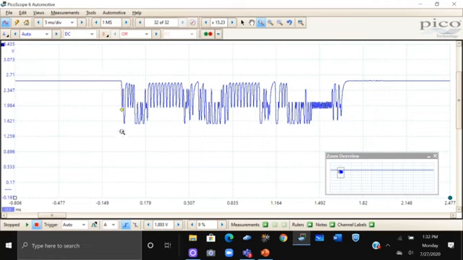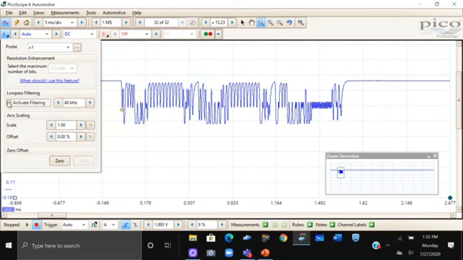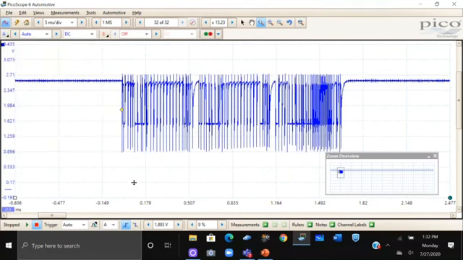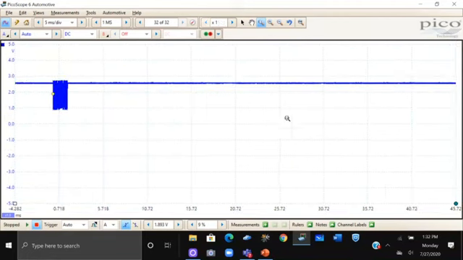So the first thing was ohm out, looking for 60 ohms. The second thing is look for a wake-up signal. The third thing, and probably one of the most important things, is that the next thing we want to do is look at what we're referring to as a mirror image.